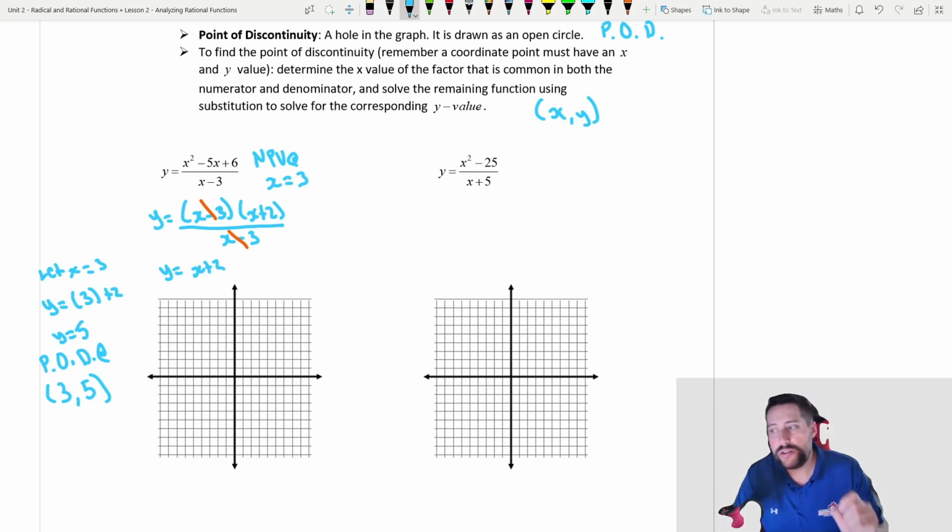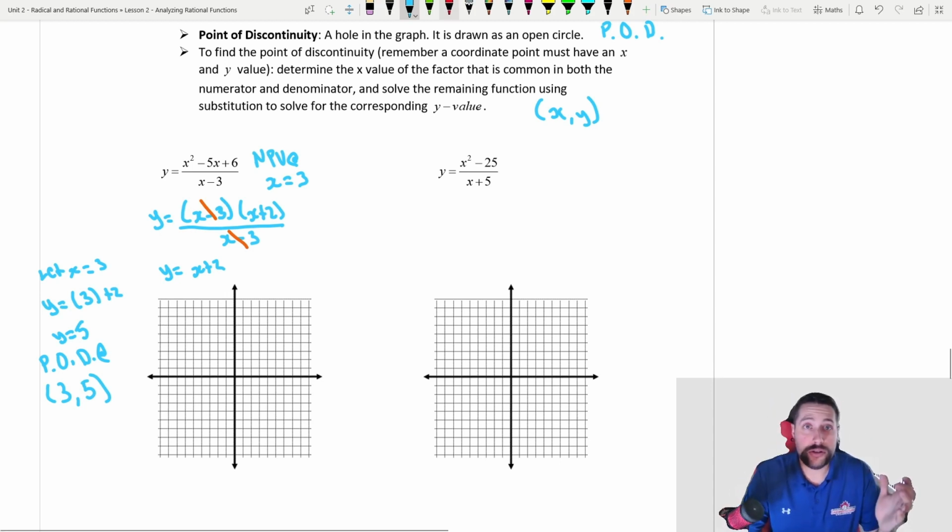So at this particular point, 3 and 5, that is where our point of discontinuity is. If nothing canceled, then we have a vertical asymptote at x is equal to 3. But since the x minus 3 canceled when we factored, that becomes a point of discontinuity. You need to state both x and y.